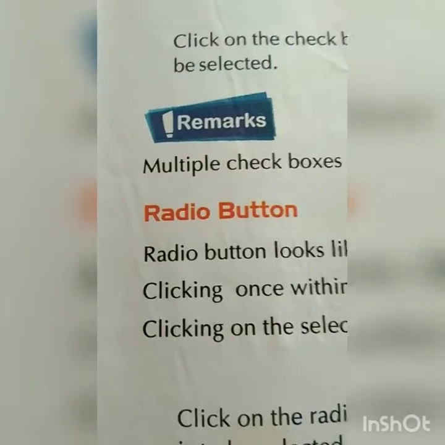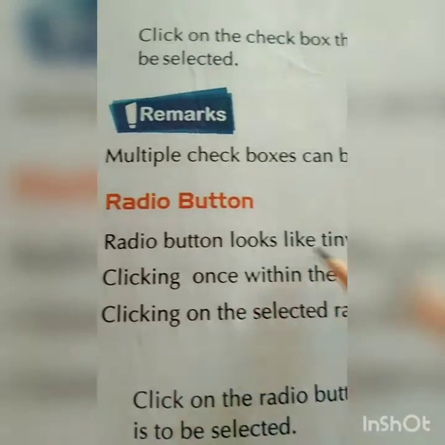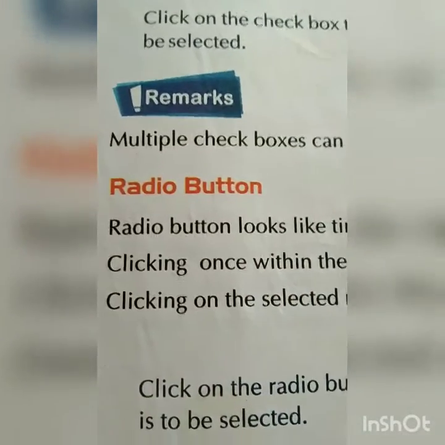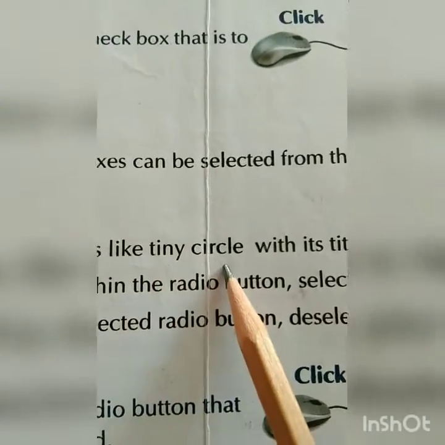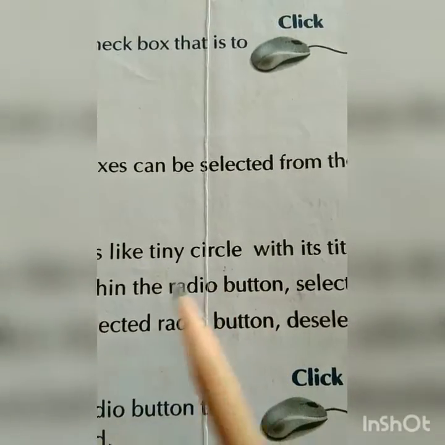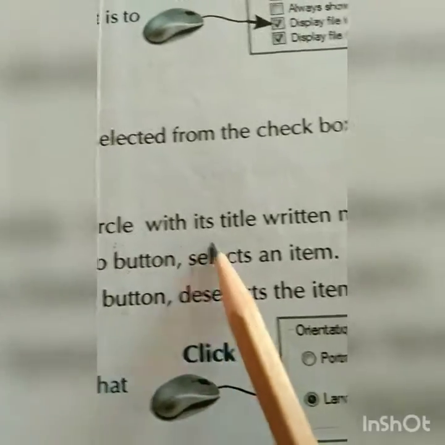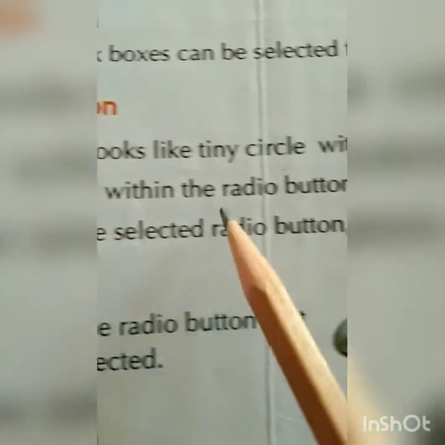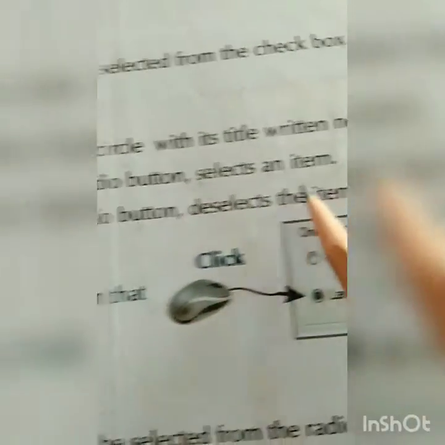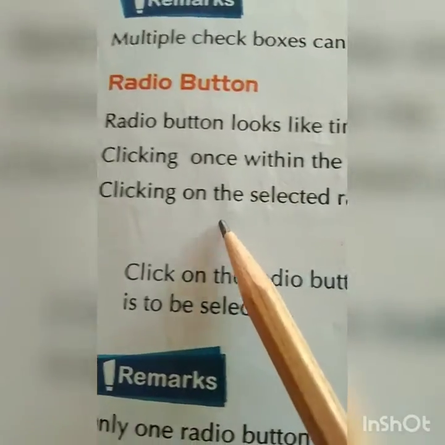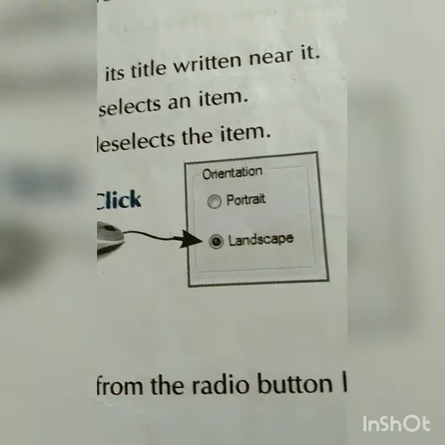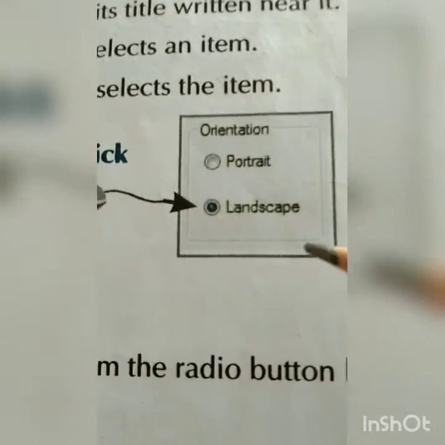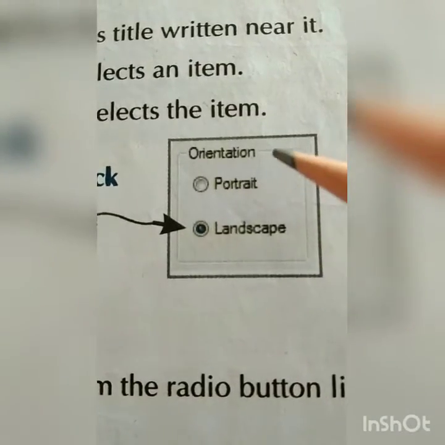And the next one is the radio button. Now what is the radio button in the computer? Radio buttons look like a tiny circle, not rectangular, not square, but a tiny circle with its title written near it. Clicking once on a radio button selects an item. Suppose here it is given what type of orientation.